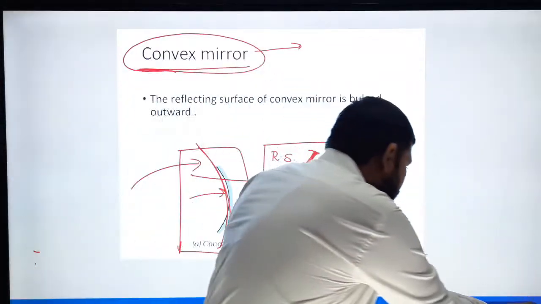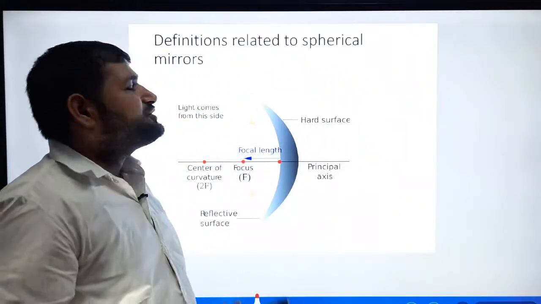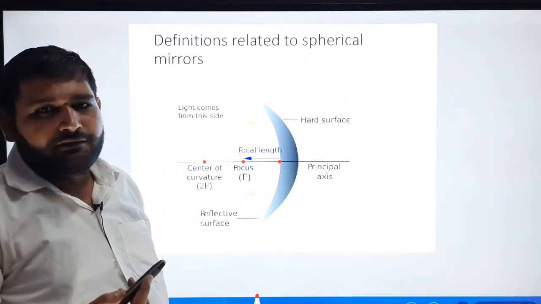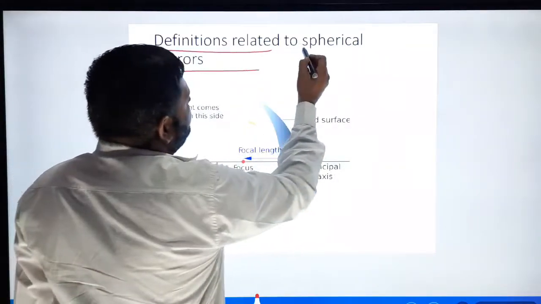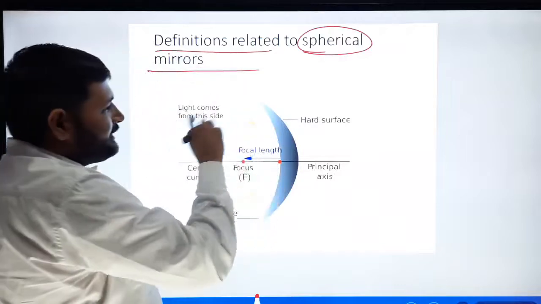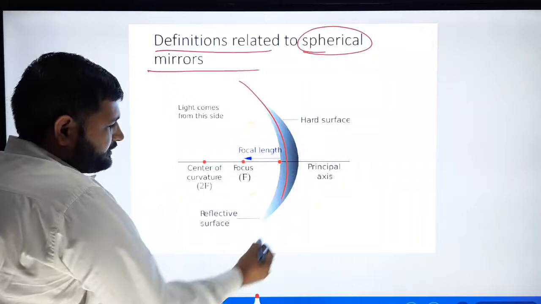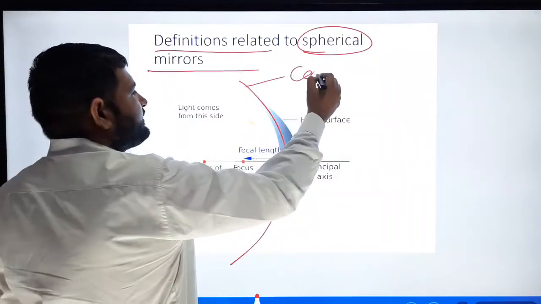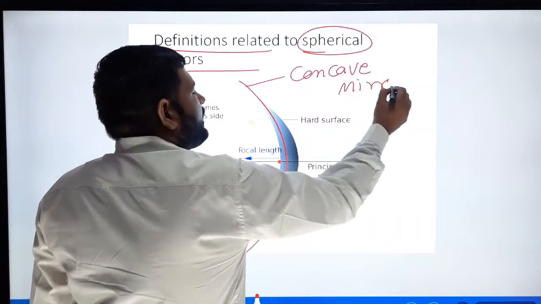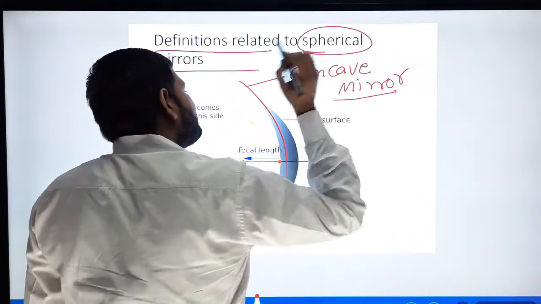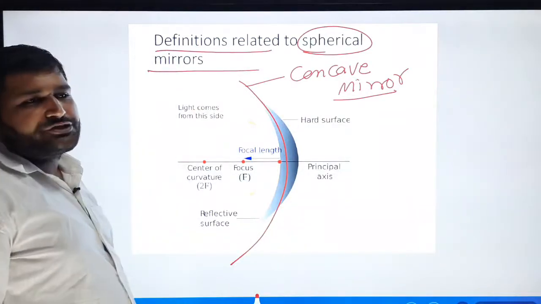Now the next point is the definitions related to spherical mirrors. There are some certain parameters which are related to spherical mirrors. In this diagram, all these parameters are mentioned. The mirror that we have considered here is a concave mirror, because if we look from the left, then the reflecting surface is depressed in the inward direction.